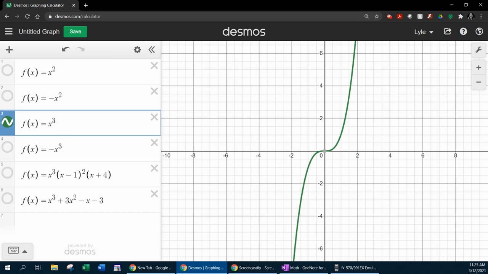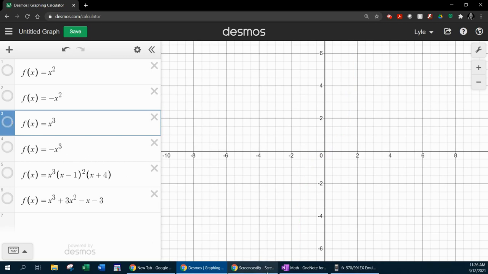That's with an odd degree and a positive lead term. Again, all this does is it determines the end behavior, what the graph is going to do away from the center of the action, okay? What it does is you go to the right forever and to the left forever.